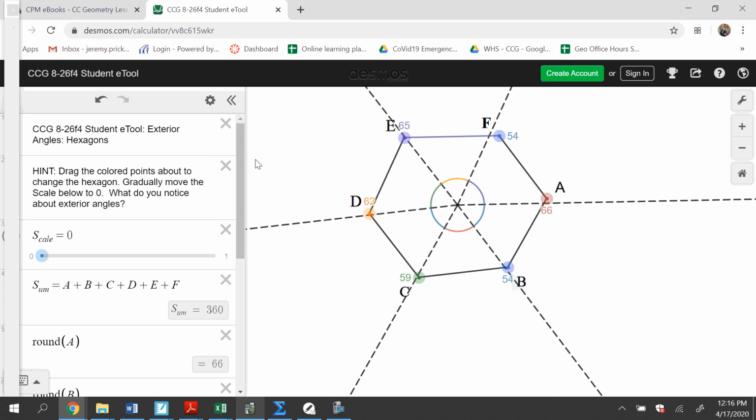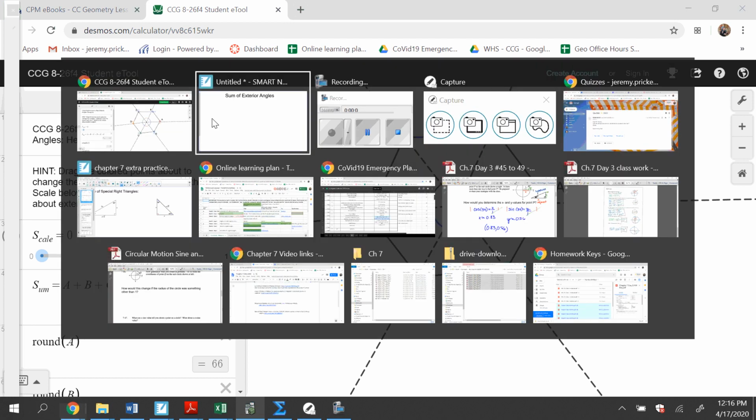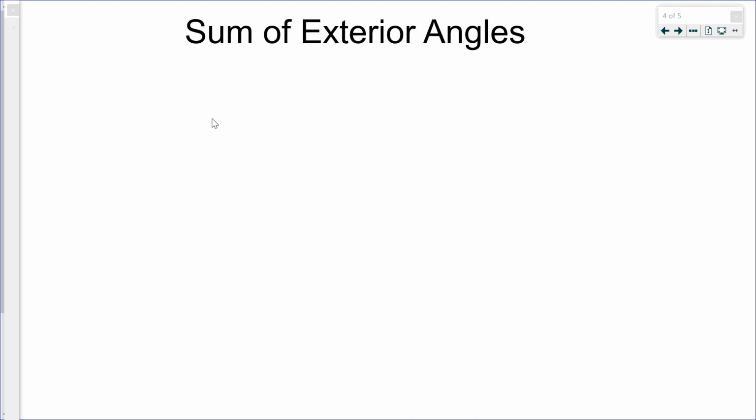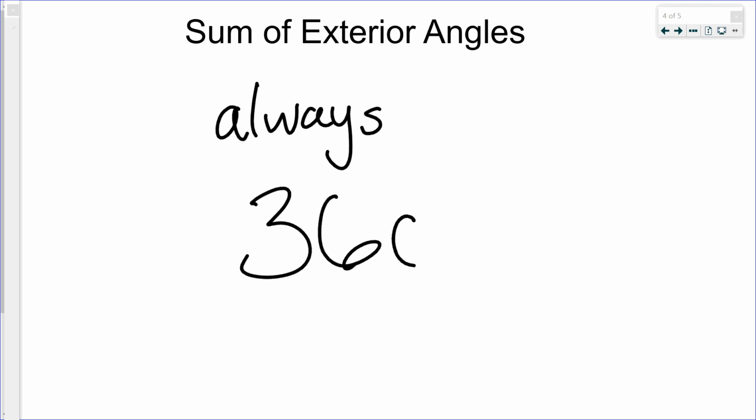So what this is telling us is there's actually a really nice relationship for the exterior angles. The sum is always 360 degrees. No matter how many there are, no matter how many sides the shape is, whatever it may be, it still has to add to 360 degrees.